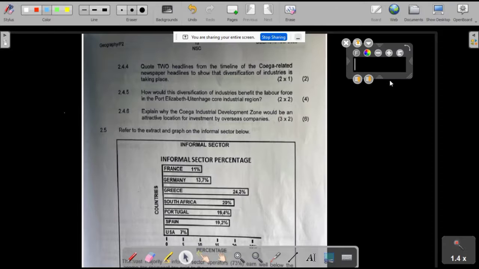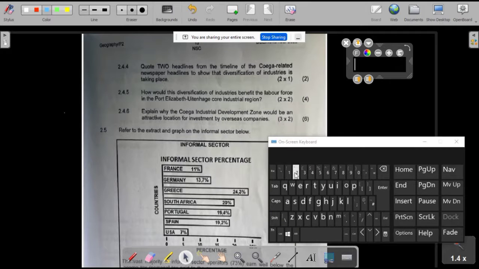Quote two headlines from the timeline of Coega-related newspaper headlines. Okay, so I'm supposed to quote two headlines there to show that diversification of industries is taking place. So I have to have my quotation marks there. Where are the quotation marks? Okay, there we go.